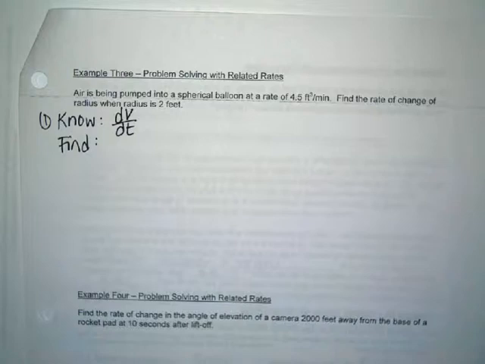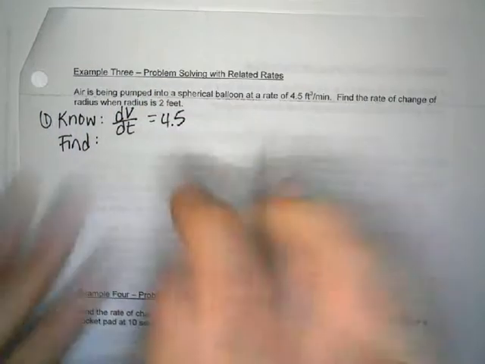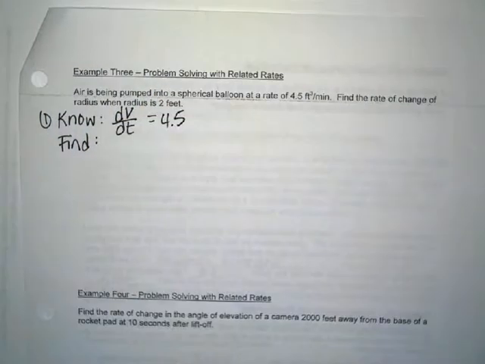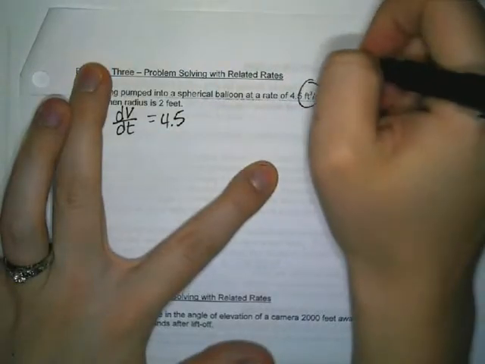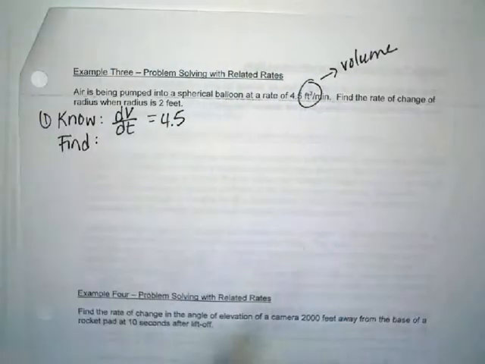So when you write down what you know, if the volume is changing, then label it dV over dt, and we're going to make that a 4.5. And since it's being pumped in, the volume of the air is going to be increasing, so it's going to be a positive value. Might be good to write yourself a note that when something's being cubed in a unit, that indicates volume.